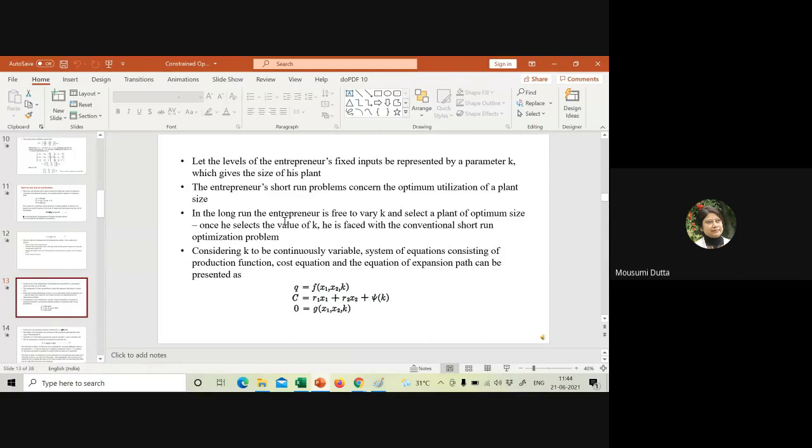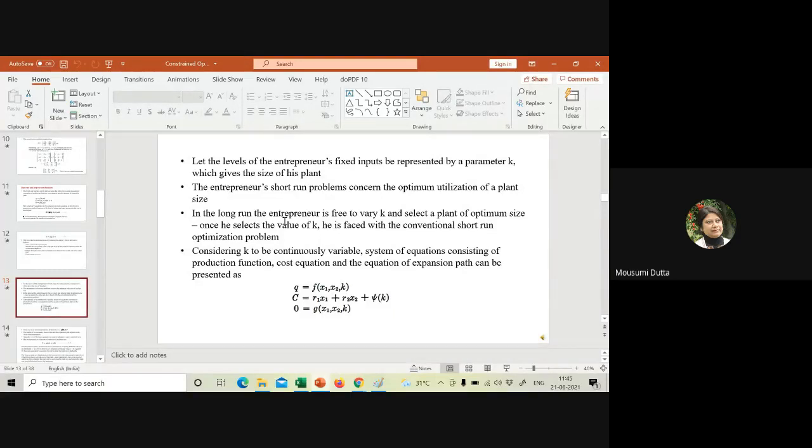Let the levels of the entrepreneur's fixed inputs be represented by a parameter K, which gives the size of his plant. What I mentioned, we will differentiate between short run and long run, introducing the size of the plant. Already in your microeconomics course in the last semester, you learned something about the size of the plant.